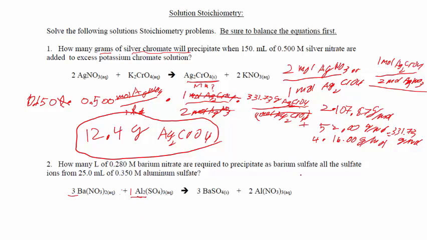So I have 3 mole Ba(NO3)2 per 1 mole Al2(SO4)3. Or it would be the opposite, 1 mole Al2(SO4)3 per 3 mole Ba(NO3)2.